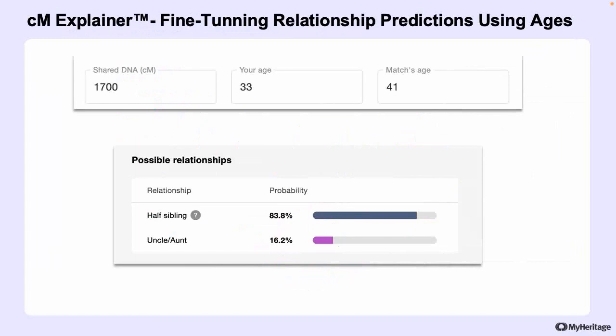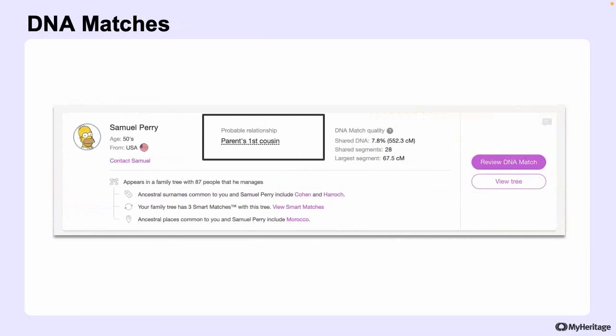That's because we are closer in age. It's less likely that, with an 8-year difference between us, it will be my uncle or aunt, because an uncle or aunt is one generation above us. Using the ages, we can tell which generation this person most likely belongs to and increase the probability.